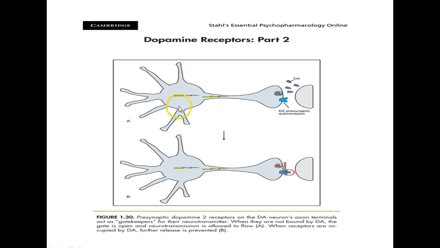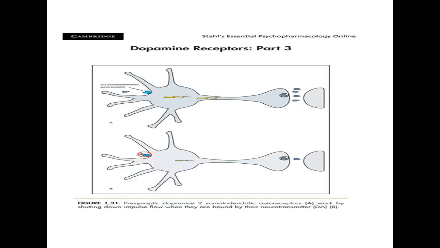And this is very important in the sense that this is how it is regulated. Now, occupation of D2 presynaptic autoreceptors causes a paucity of dopamine release. So anytime the D2 receptor is occupied, you see less and less dopamine being transported through the synaptic cleft.